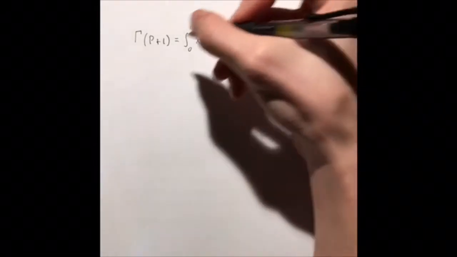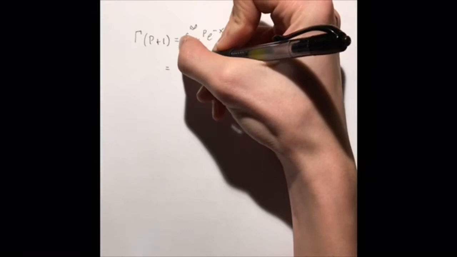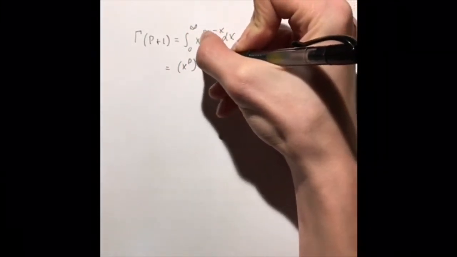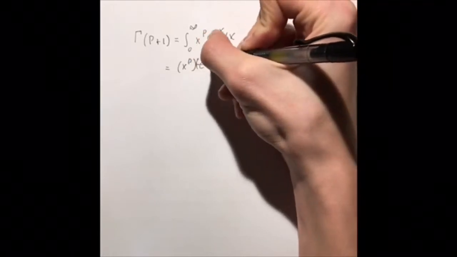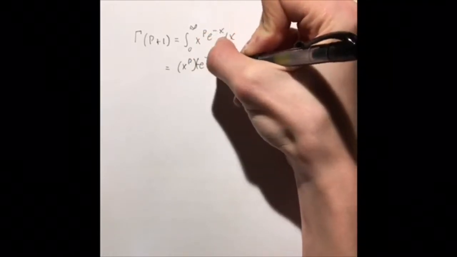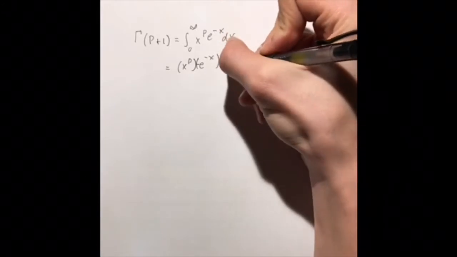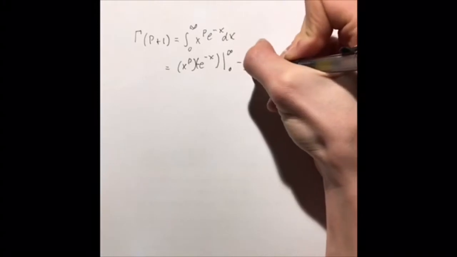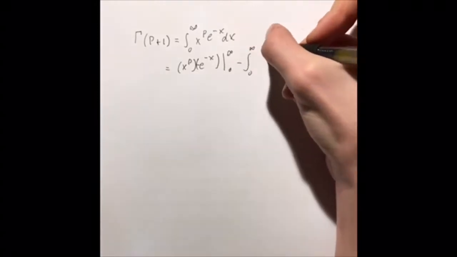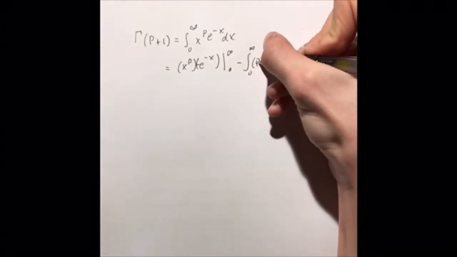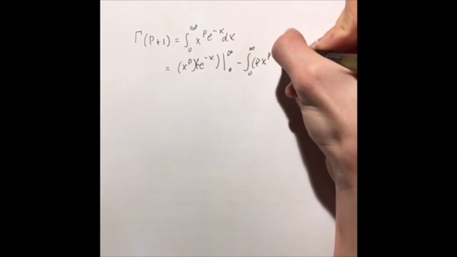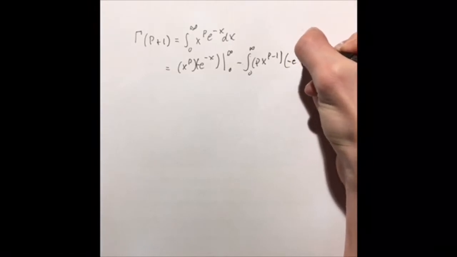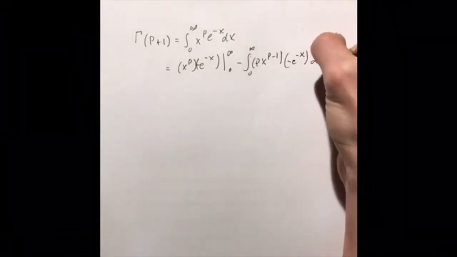And by integration by parts, this is simply x to the p times negative e to the negative x evaluated from 0 to infinity, minus the integral from 0 to infinity of p times x to the p minus 1 times negative e to the negative x dx.